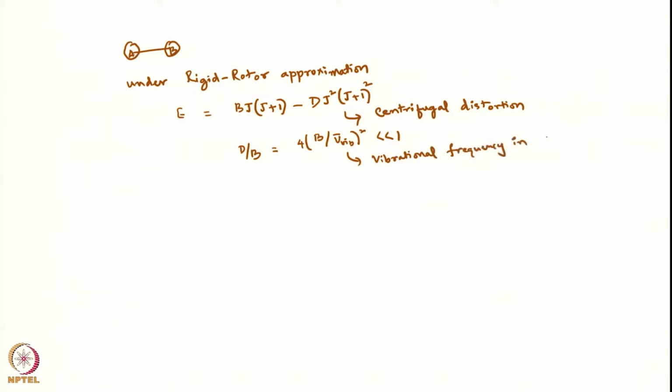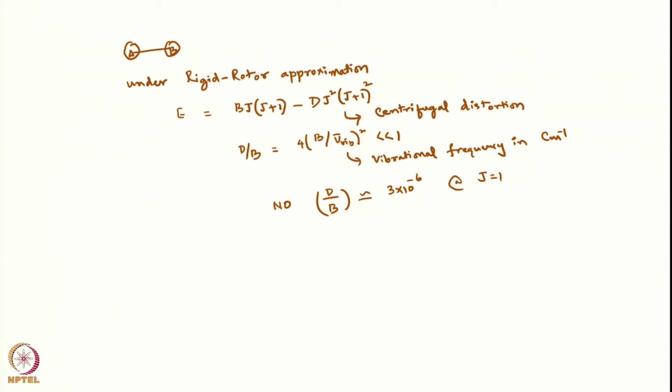Here v vibrational is the vibrational frequency in centimeter inverse. For diatomic molecules such as NO, D by B is approximately equal to 3 into 10 power minus 6 at J equals 1.